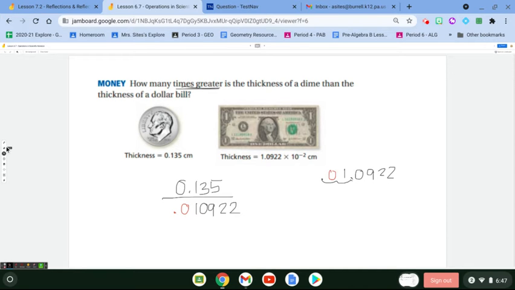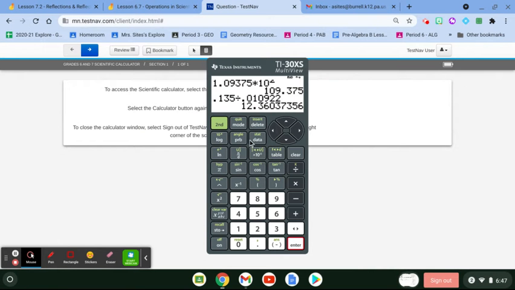All right, so to get you started on this one, you want to take the dime and divide that by the dollar bill. So 0.135 divided by, I converted that to standard form, 0.010922. All right, when I divided that, it gave me 12.36 and then a whole bunch of decimals behind it, okay?